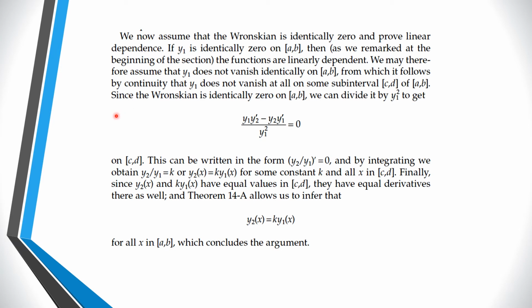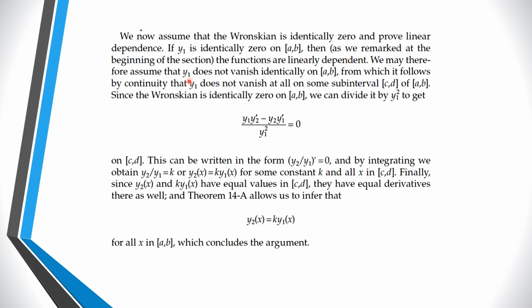Let's suppose y1 is identically 0, so 0 can be written as some constant times y2, where this constant is 0. So they depend on each other. Whenever one of them is identically 0, both are linearly dependent.